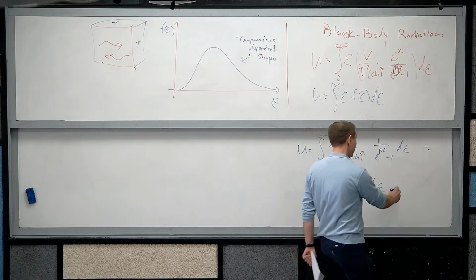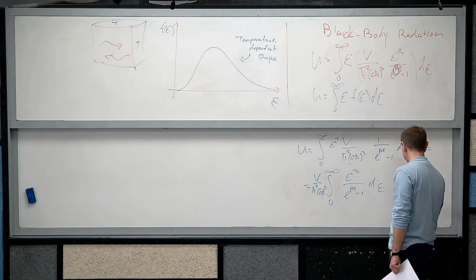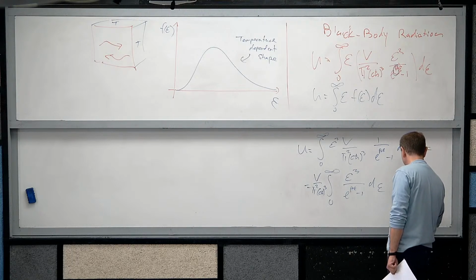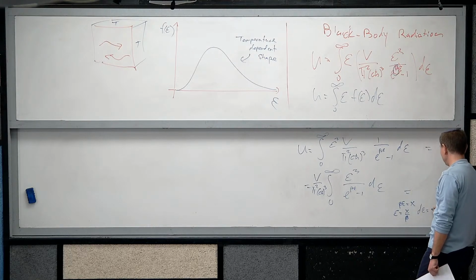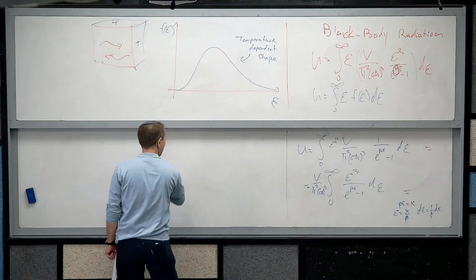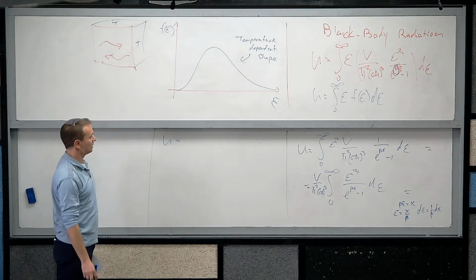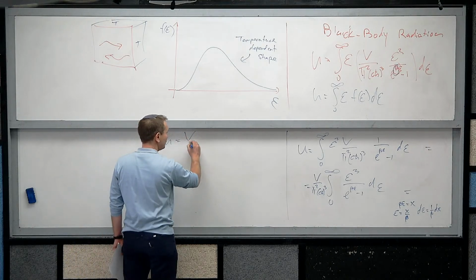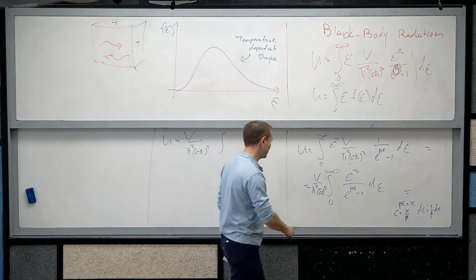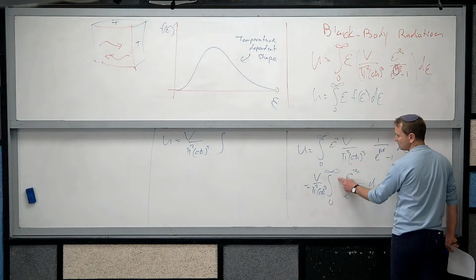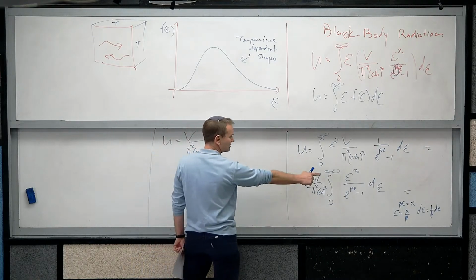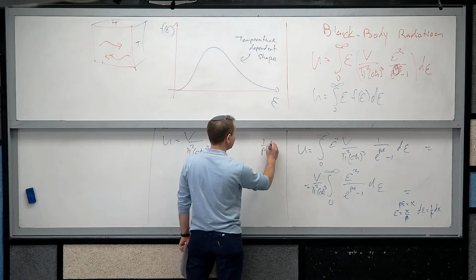We can further say that beta epsilon is x, epsilon equals x divided by beta, d epsilon equals 1 over beta dx. So for our average energy, we have the volume divided by pi squared c h bar to the third. The limits of integration are still from 0 to infinity. Instead of d epsilon, we have 1 over beta dx.